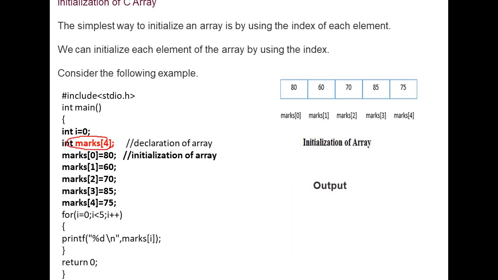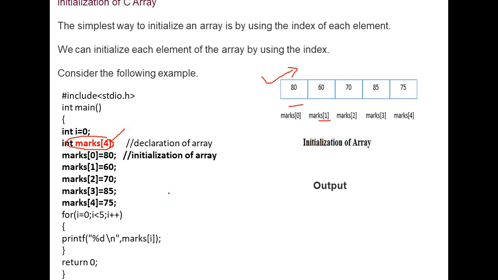Here again marks is an array, and the size of the array is 5. This array starts from index 0: marks[0], marks[1], marks[2], marks[3], and marks[4]. And I am storing all these elements inside this array.